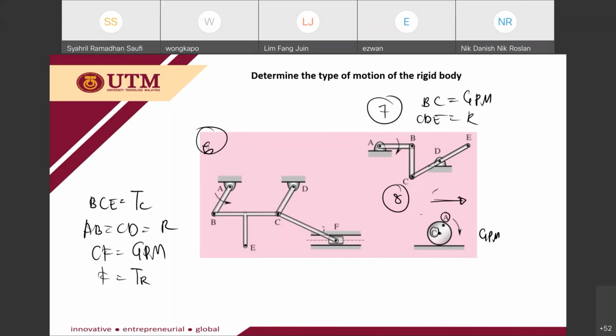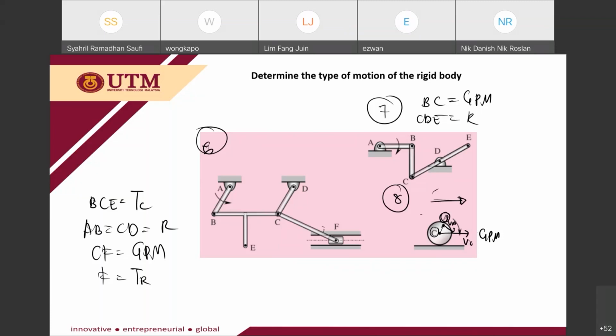So we see this direction, and then your VA is in this direction, because your VA is rotating about C. Your point A is rotating about point C, but point C is moving rectilinearly to the right.